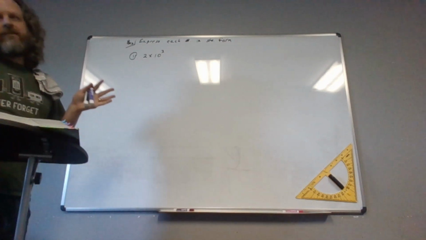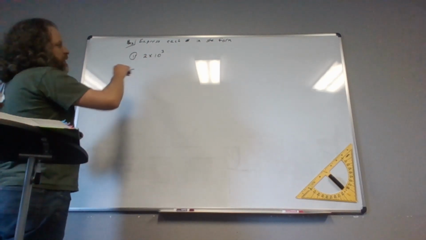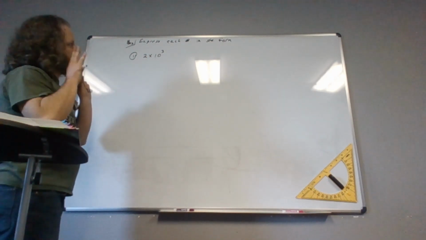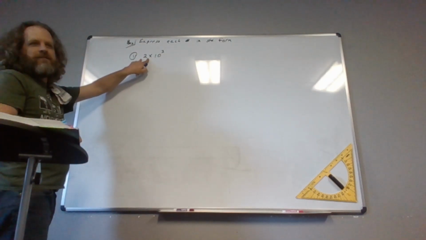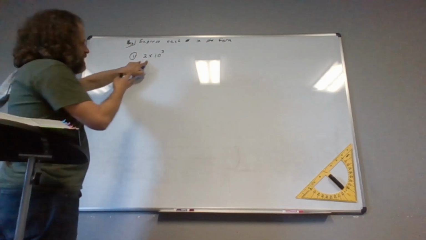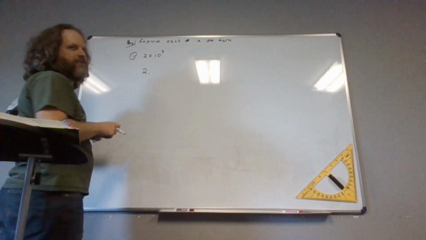Step 1 is to write this number without the 10, with a decimal. Make sure you put a decimal point where the decimal point is. In this number, where is the decimal point? It's after the 2. It's invisible right now, but we're going to put it in there. So 2 point.